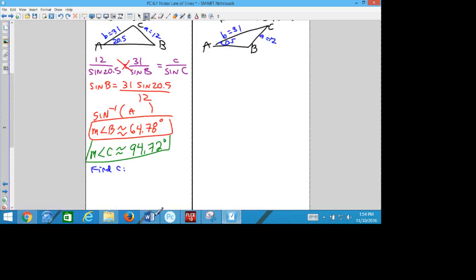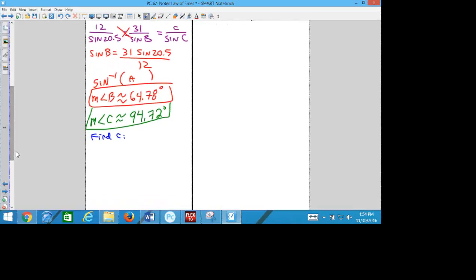And then to find the C, we're going to use the C over sine C, and I'm going to use the first fraction, 12 over sine 20.5, for cross multiplying.